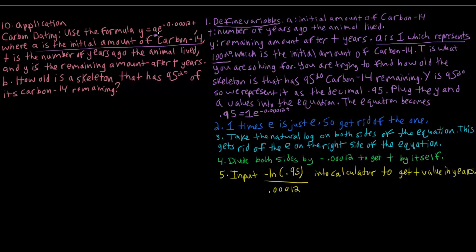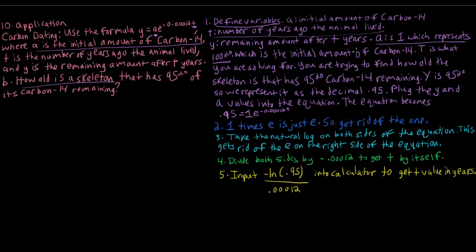Then we have t, which is what we're solving for, which is the number of years ago the animal lived. This is t in our formula. And again, they're trying to find the age of the skeleton, so that's solving for t.